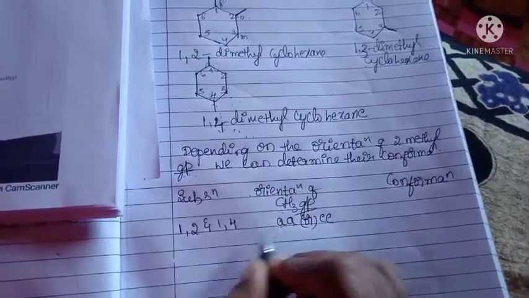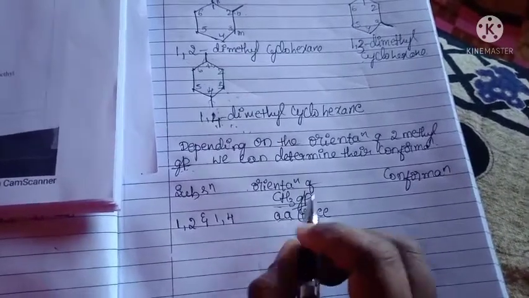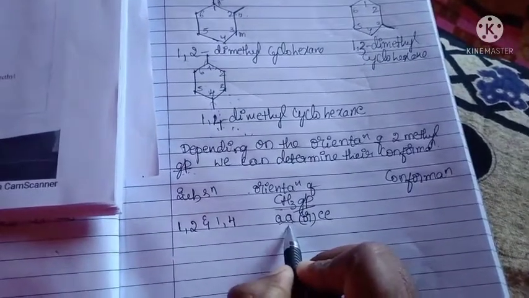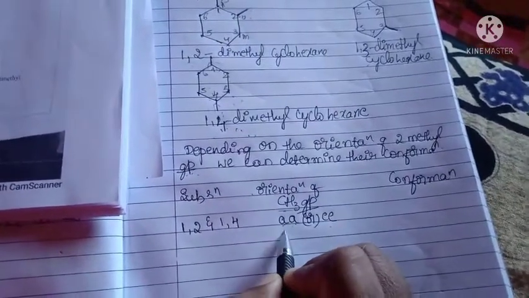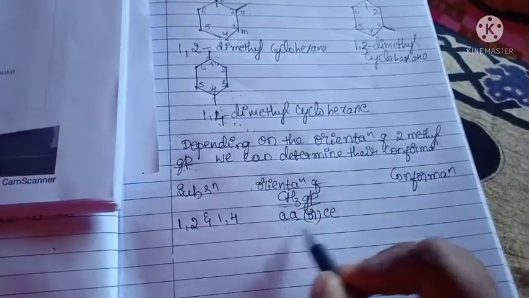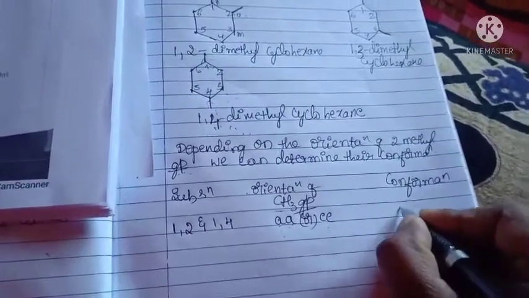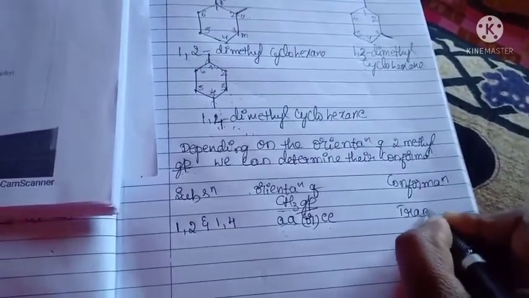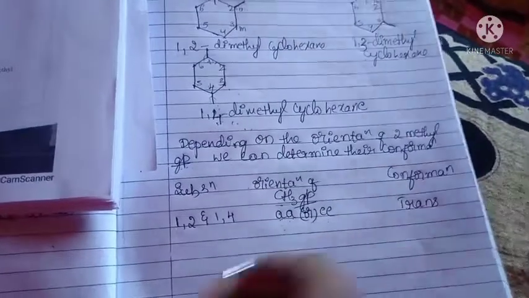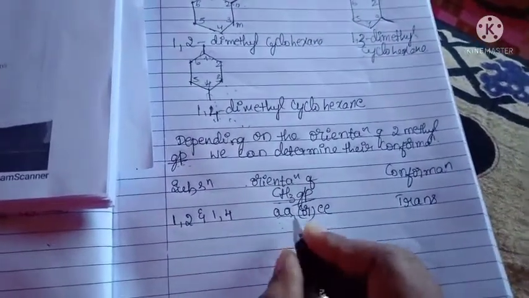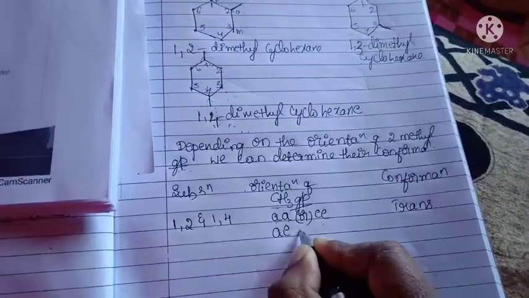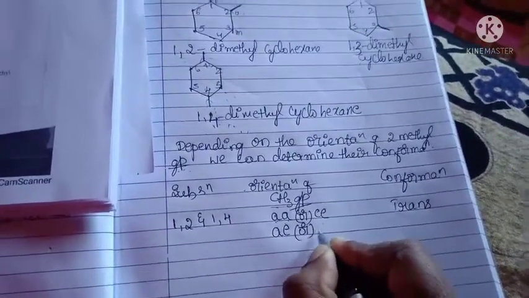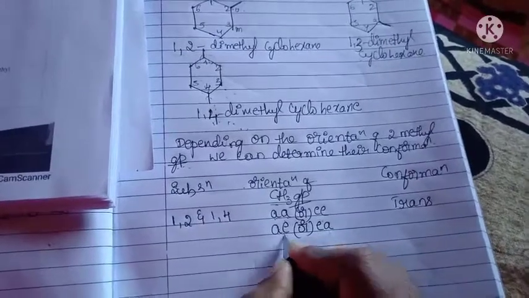It means these two methyl groups are substituted at the axial positions or at the equatorial positions. When the methyl groups are at axial or equatorial positions in this way, the conformation is the trans isomer. If the methyl group is substituted at axial and equatorial, or equatorial and axial, these are the same.